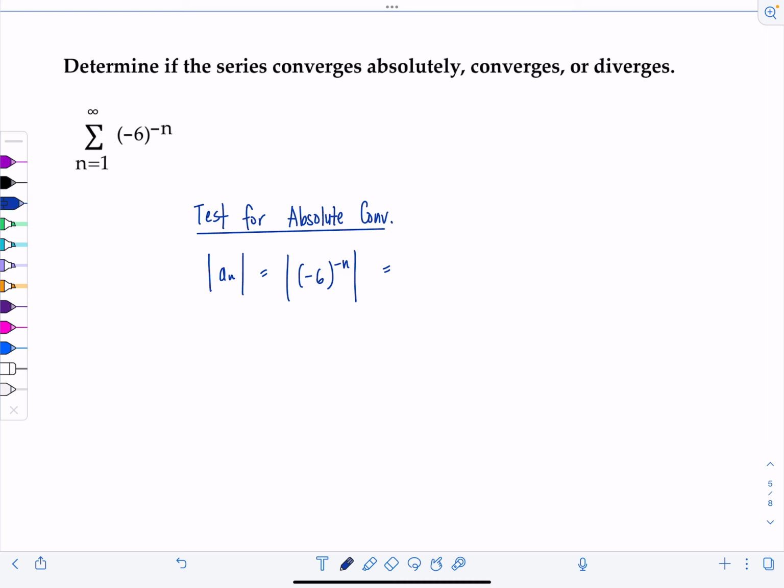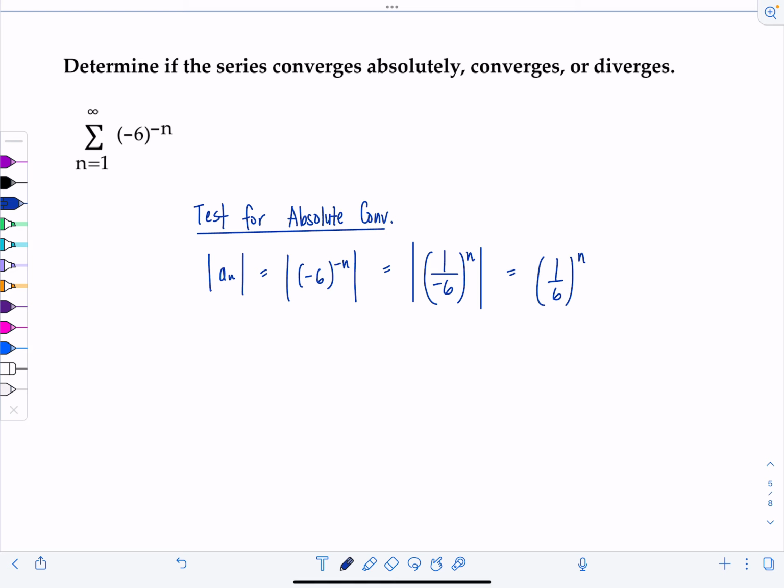Don't get freaked out. This is the same as just having, let me write it as 1 over negative 6, like this, to the n, right? Because the exponent's negative.